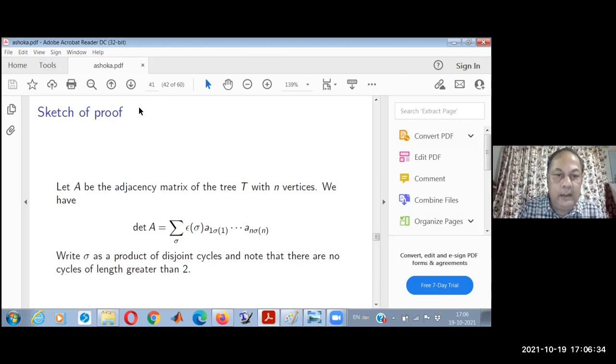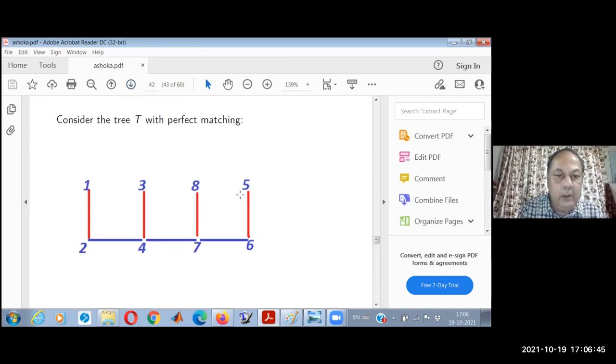As I said, I'm not going into other results which are inspired by this, but there's a big area here. Here is one more tree with a perfect matching. One can ask about the inverse. Suppose the tree has a perfect matching. What about the inverse? I said that the adjacency matrix of a tree is totally unimodular.